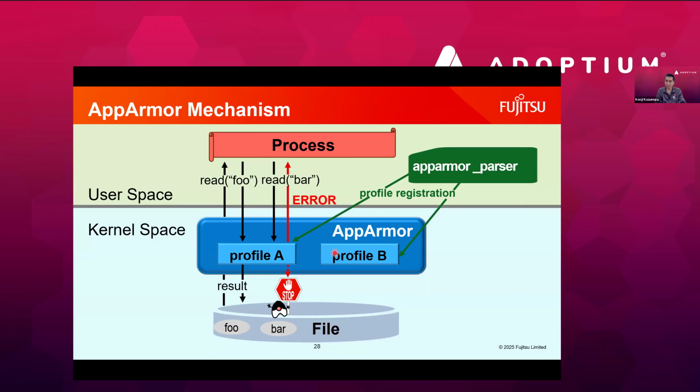But before using AppArmor, you need to use the apparmor_parser command to load a profile into the kernel. A profile is a set of rules you define. After that, a process makes an attempt to access some resources like foo or bar. AppArmor intercepts this access, checks the profile rules, and decides either to allow the operation or block it.